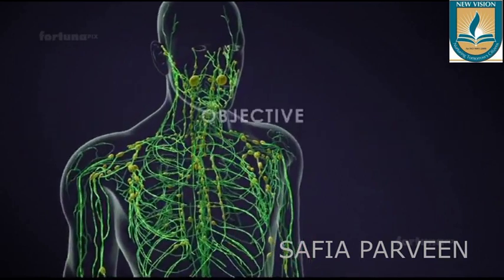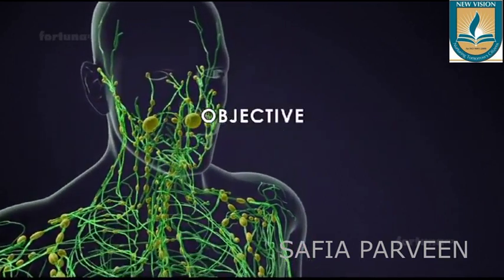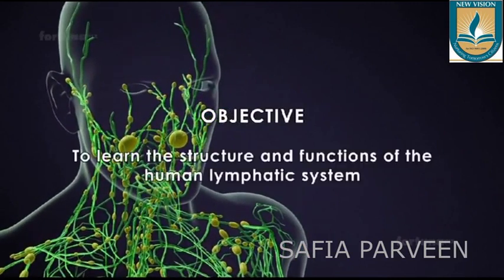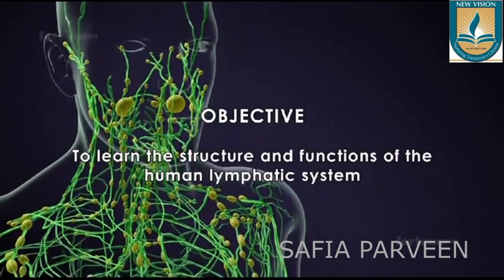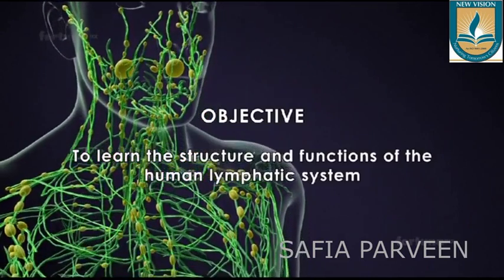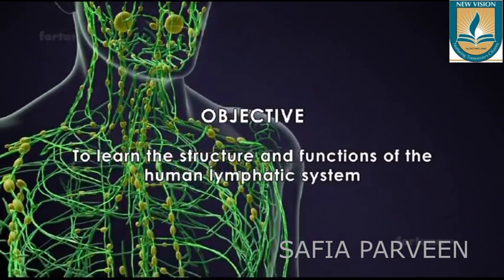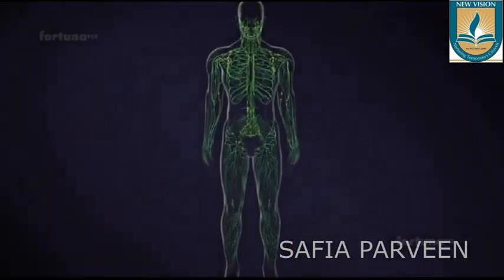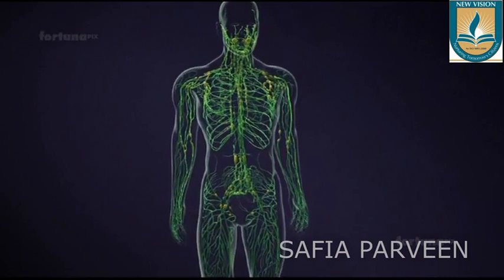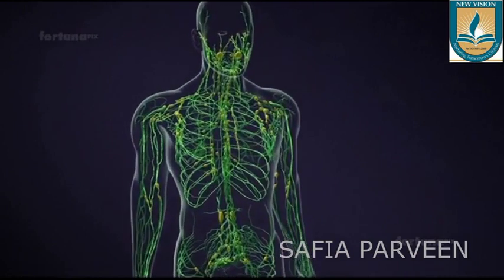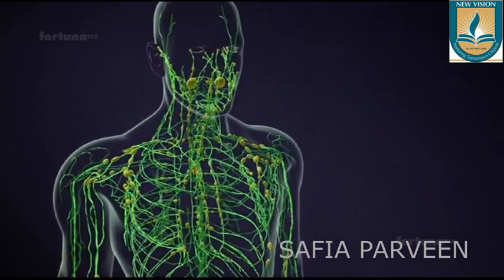Lymphatic system. The main objective of this video is to learn the structure and function of human lymphatic system, which is distributed in our entire body just like blood vessels are distributed. This is the second type of transport system that is present in our body.